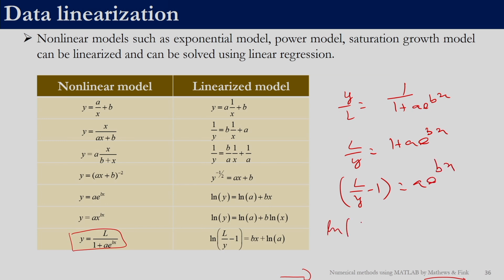So, ln of L by y minus 1 is equal to ln a plus b x ln e. So, in this case the unknown coefficients are a and b. L is known, L is given. So, this can be calculated. This is, let us say, a naught plus a1 x. So, a1 is nothing but b, a naught is nothing but ln a, and y is nothing but this expression.